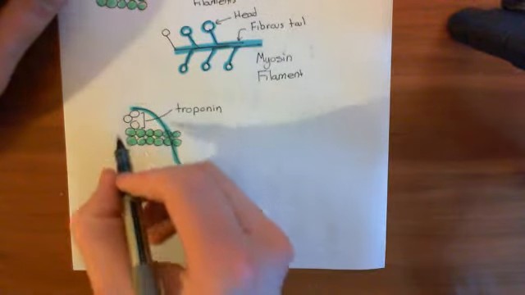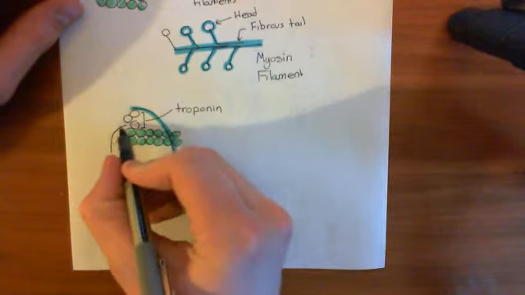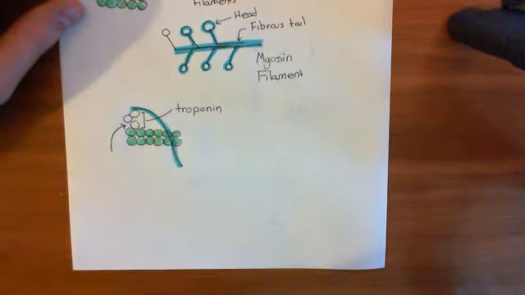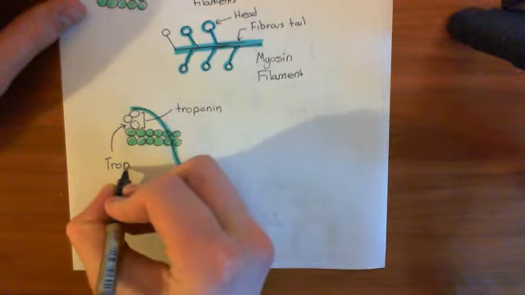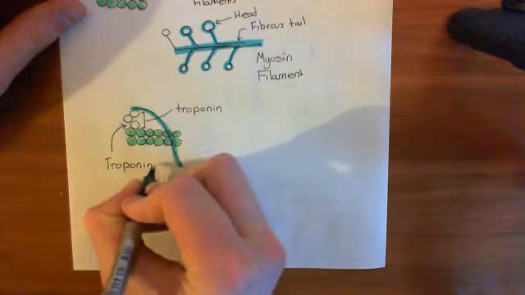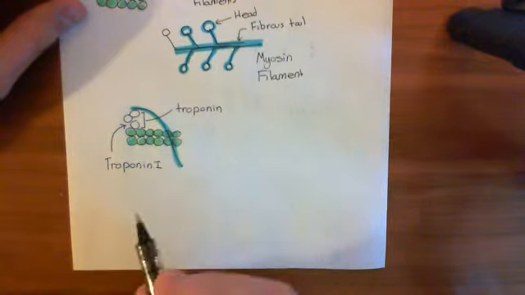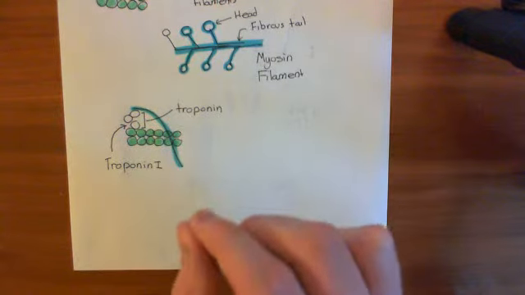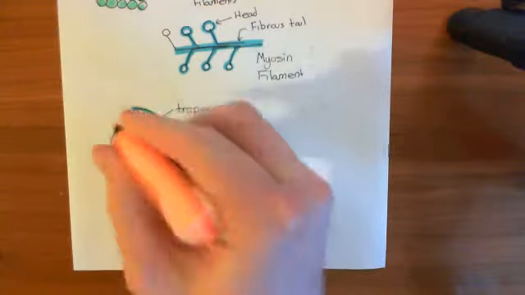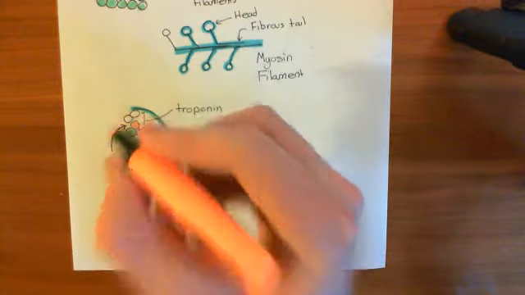Now the one that is closest to the actin filament, the one that is bound to the actin filament, is known as troponin I. This is the one that's involved in holding on to the actin filament, basically. So troponin I is in orange here.